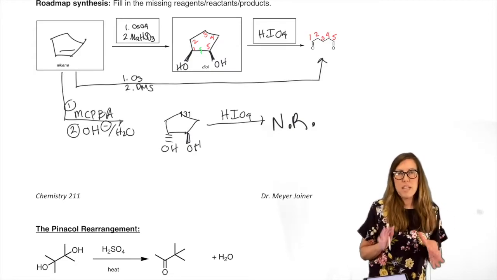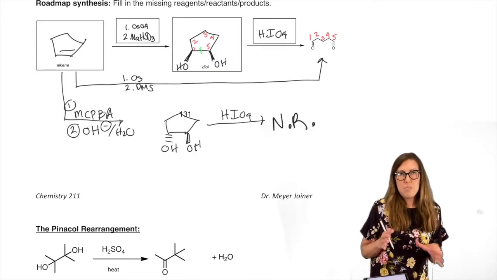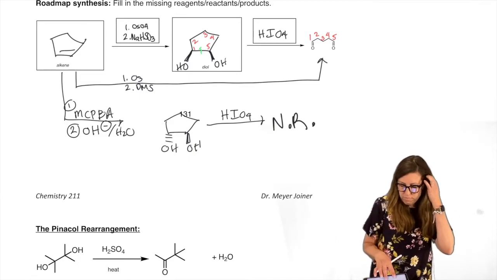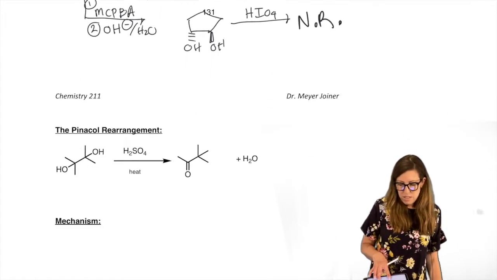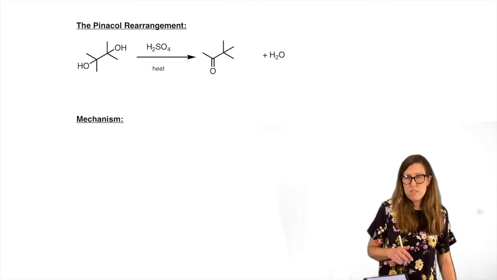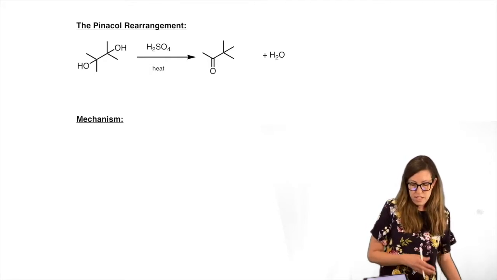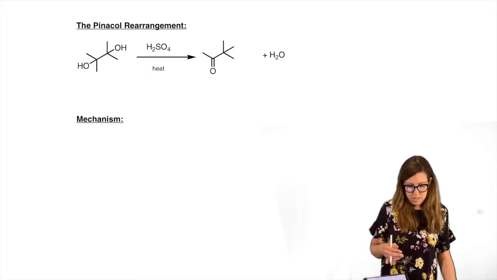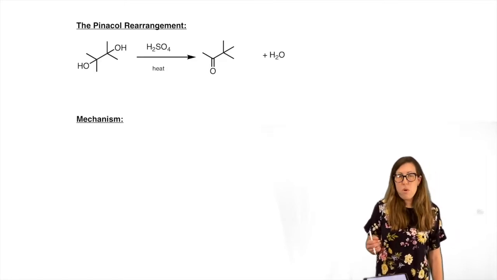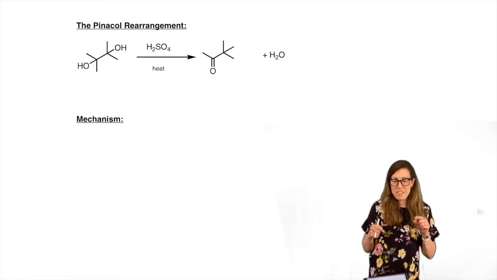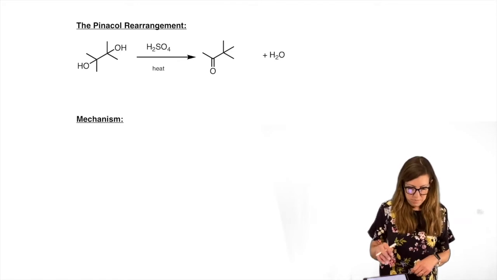We cannot rotate it when it's in a ring to be syn, so we're stuck. So it's kind of a fun oxidative cleavage reaction for us, syn diols only. Anti-diols not allowed. One more for diols only, called the pinacol rearrangement.